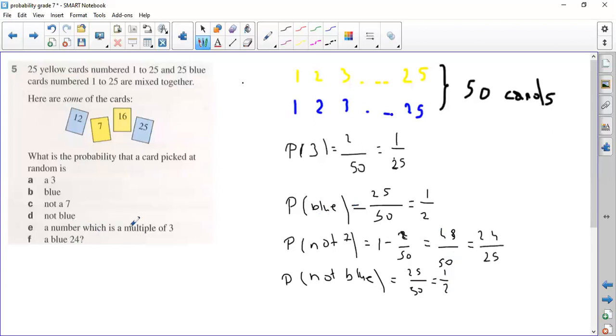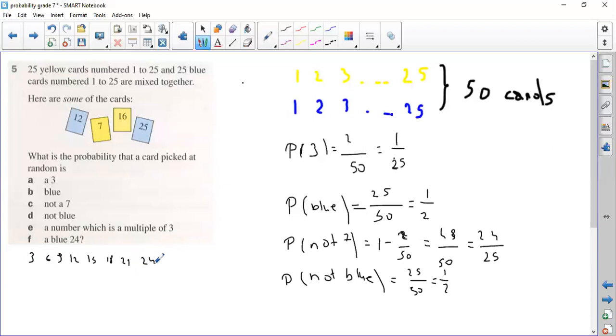A number which is a multiple of 3. Now we have to find the multiples of 3 from 1 to 25. What are these multiples? Well, let's write. We have 3, 6, 9, 12, 15, 18, 21, and 24.